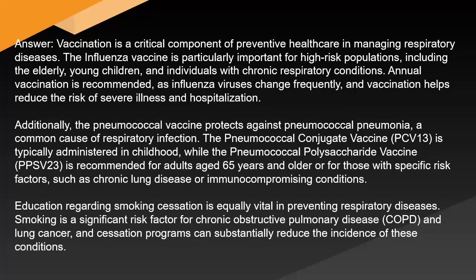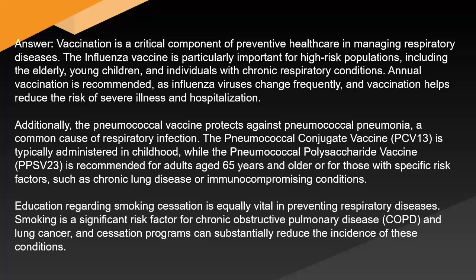Answer: Vaccination is a critical component of preventive healthcare in managing respiratory diseases. The influenza vaccine is particularly important for high-risk populations, including the elderly, young children, and individuals with chronic respiratory conditions. Annual vaccination is recommended as influenza viruses change frequently, and vaccination helps reduce the risk of severe illness and hospitalization.